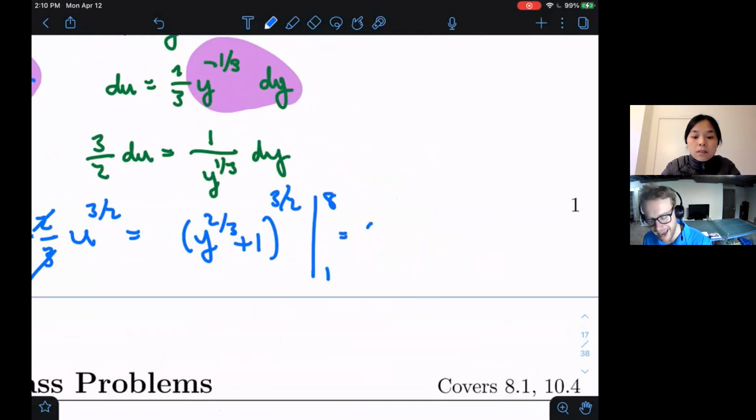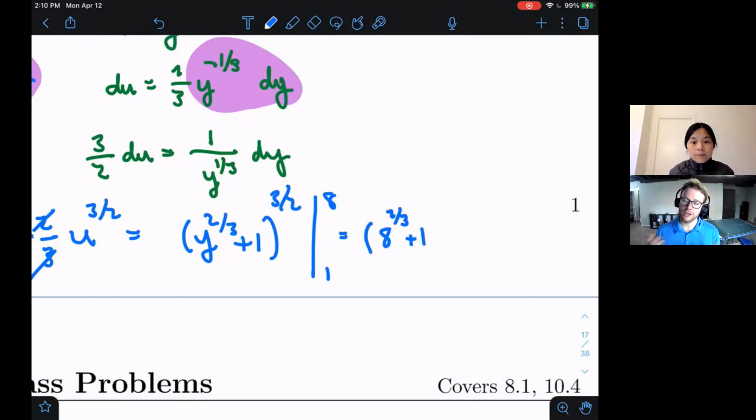So if I plug in 8, I would have 8 to the 2/3 power plus 1. So 8 to the 2/3 power actually simplifies down, right? Whenever you have something raised to a fractional exponent like this, you can break it apart. We can think of this as 8 squared, that's the 2 part, and 8 to the 1/3 power, that's the same thing as a cube root.